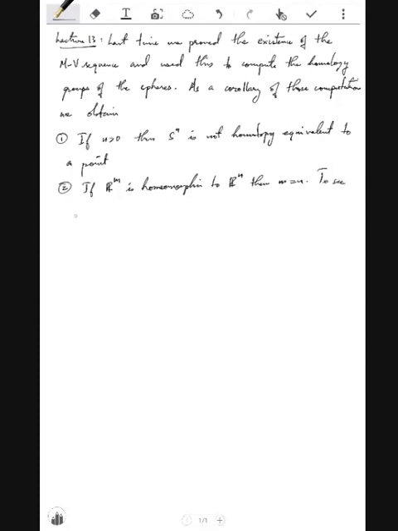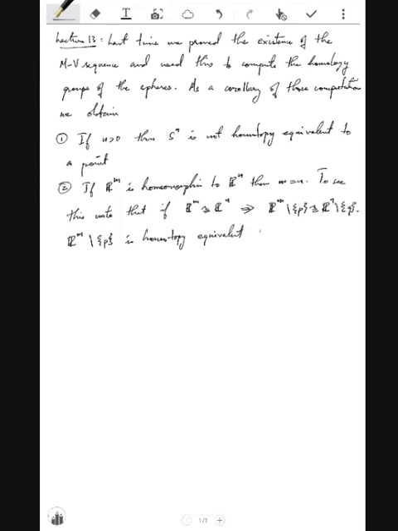So to see this, note that if there is a homeomorphism from R^m to R^n, this implies that there is a homeomorphism from R^m minus a point to R^n minus a point, and R^m minus a point is homotopy equivalent to S^(m-1), and R^n minus a point is homotopy equivalent to S^(n-1).